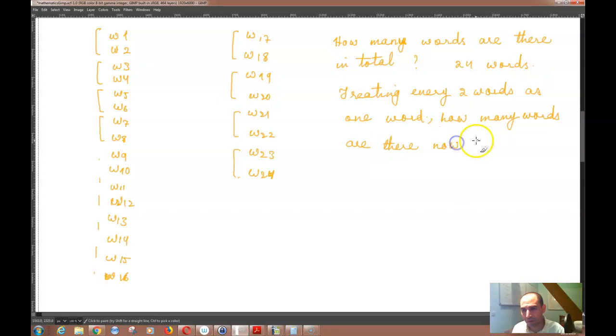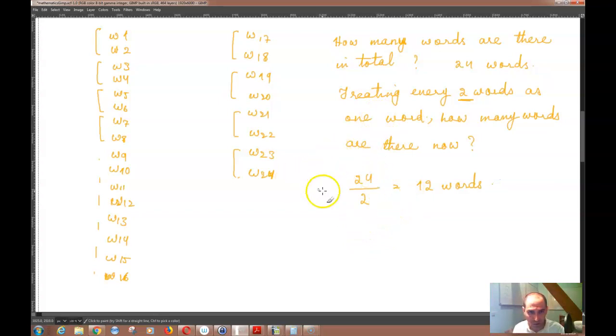To answer this question, you would simply take the total number of words, which is 24, and divide it by 2. And then you would tell me that there are 12 words there now.